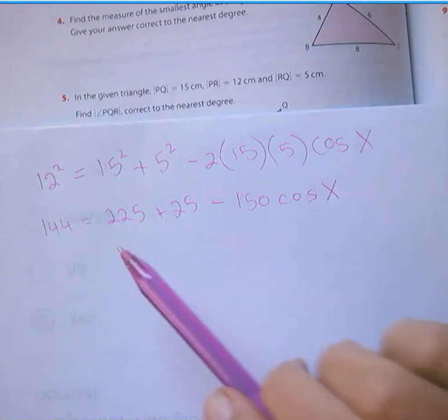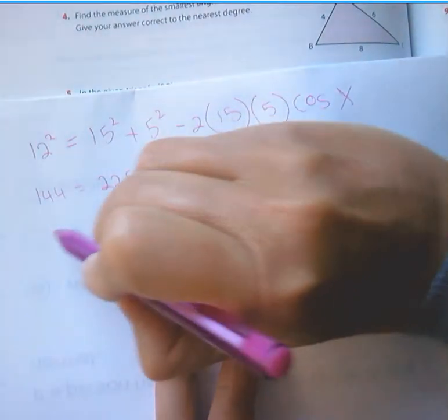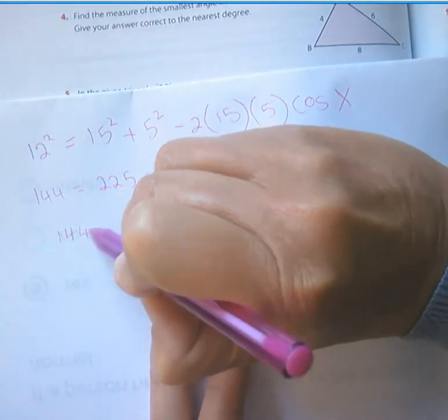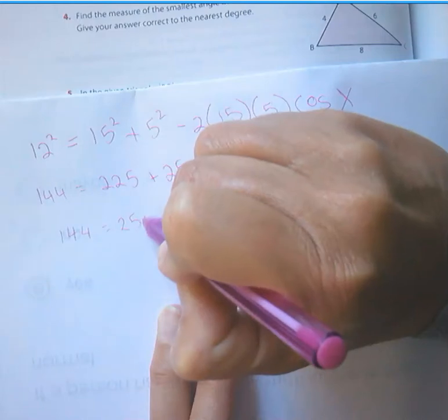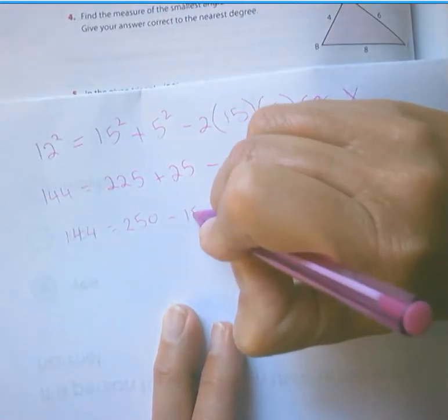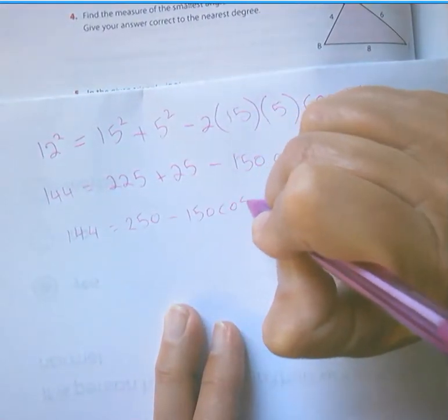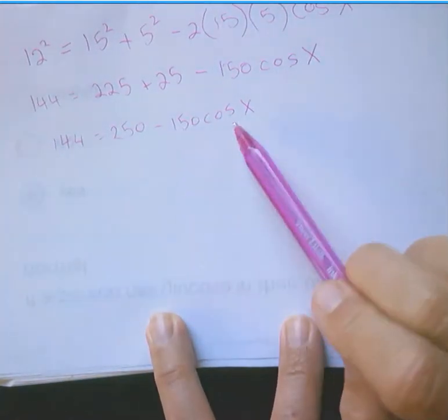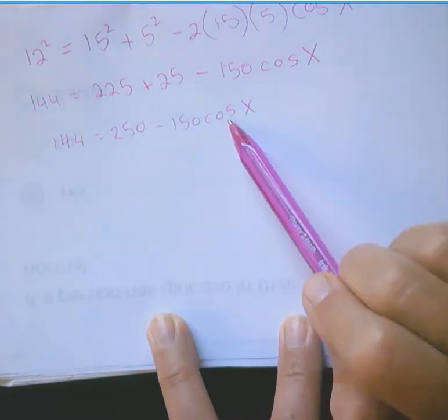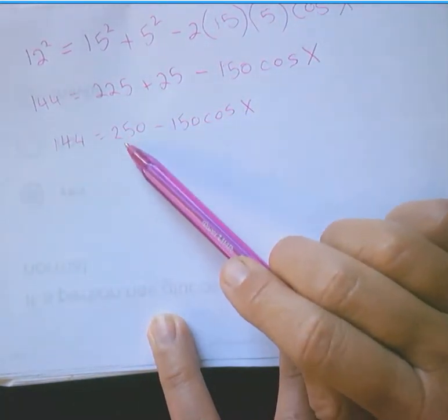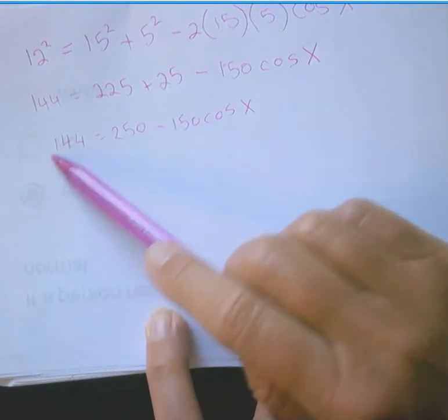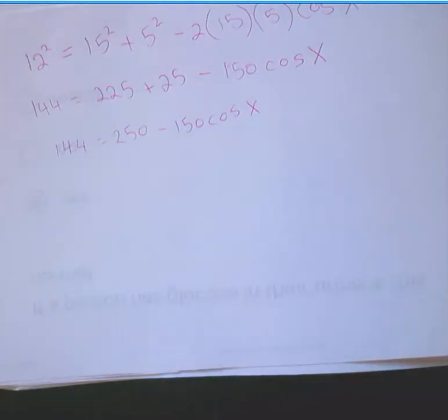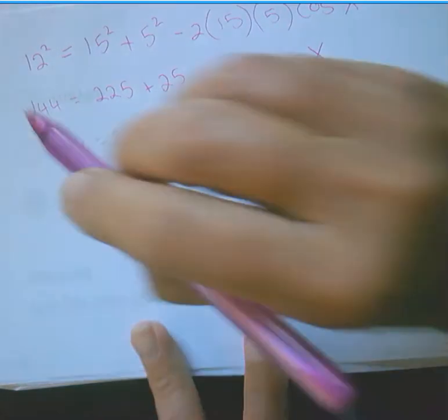So we have 144 is equal to 250 minus 150 cos x. The 150 is multiplying by cos x, so I'm not doing anything with it yet, but my 250 is added on. If I bring the 250 to the far side of the equal sign, it will change to a negative 250, so I end up with 144 take away 250, so I get minus 106.